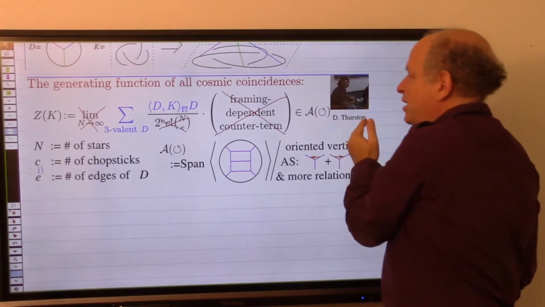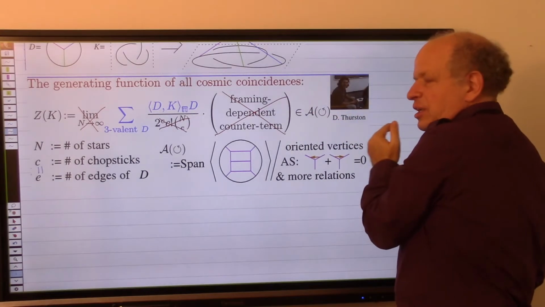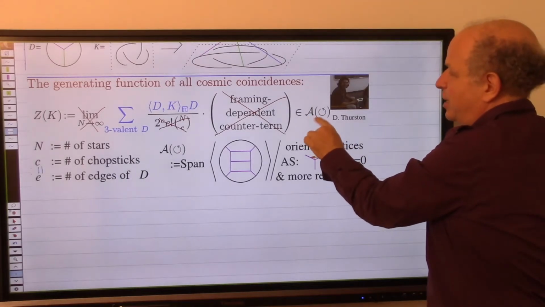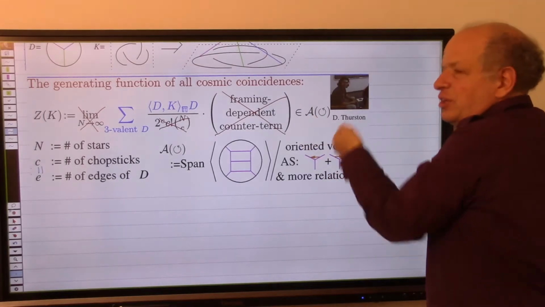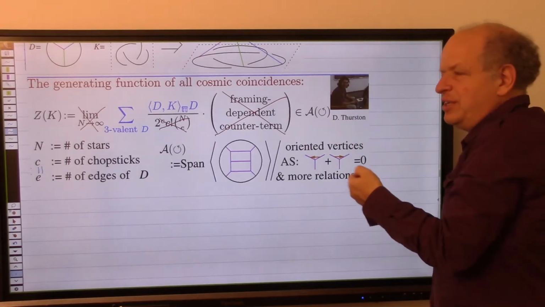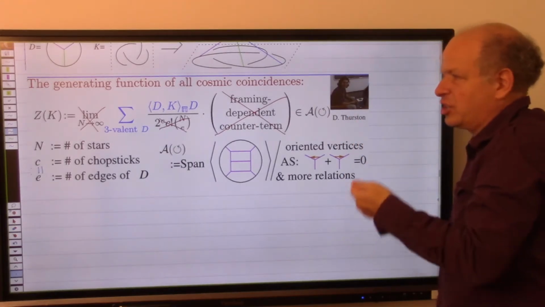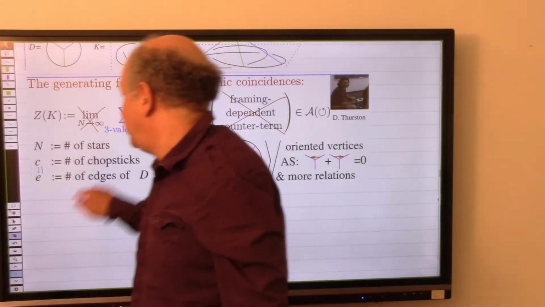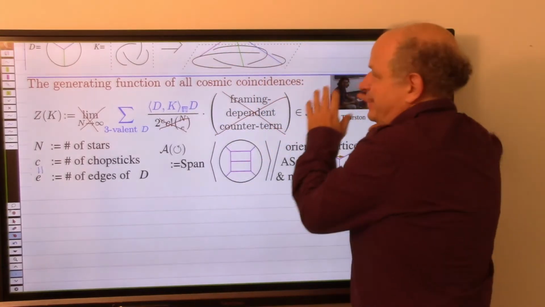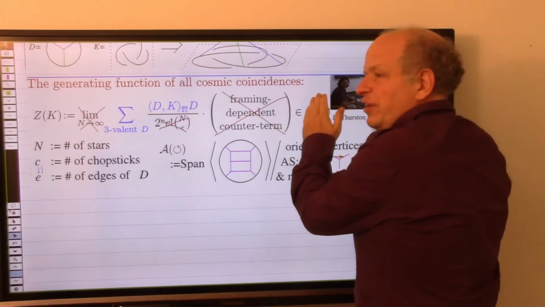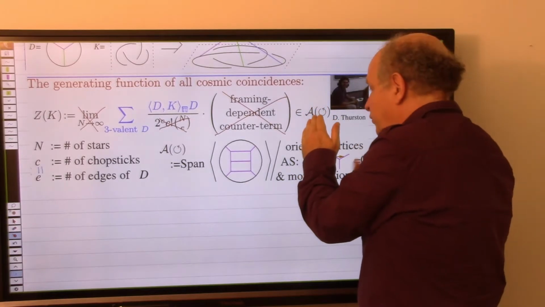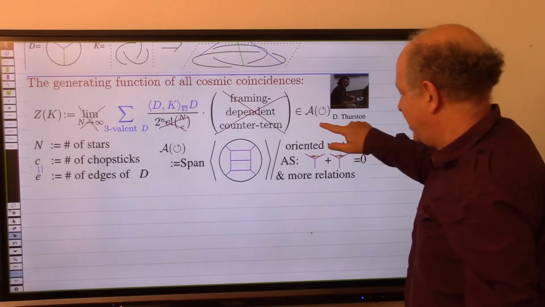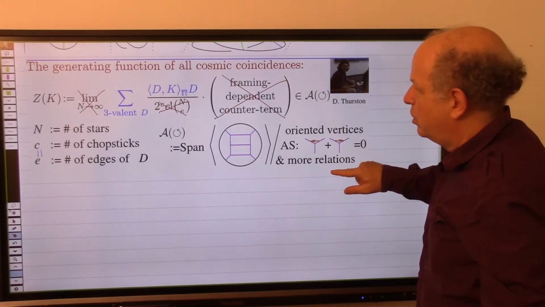So it's a formal linear combination of diagrams, living in this calligraphic A space, in which the coefficient of each diagram is the number of cosmic coincidences for that diagram. Now, I don't want to argue that this is an invariant as stated. It's an invariant only after you mod out by the relations, and I want to explain why this is so.